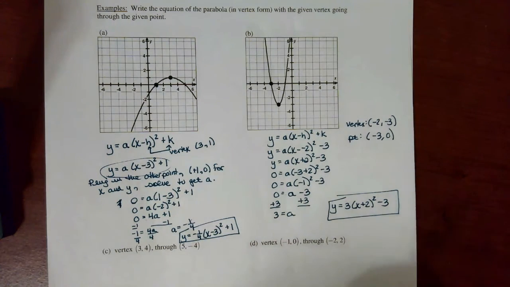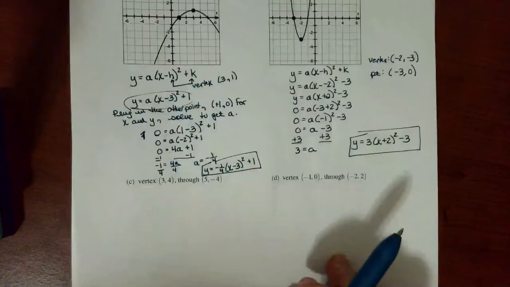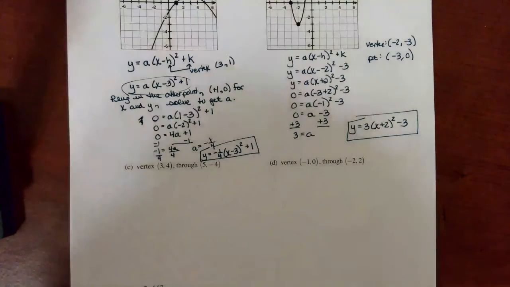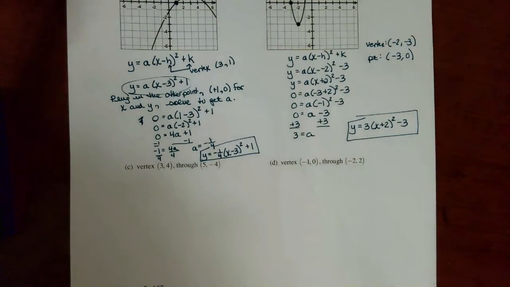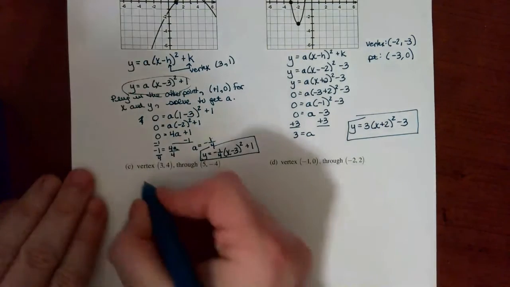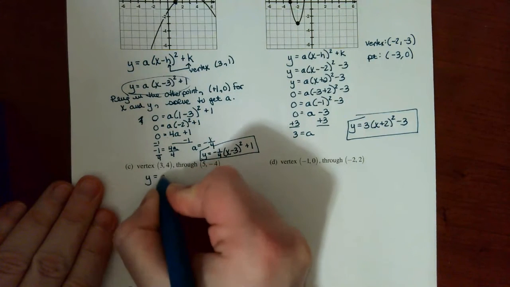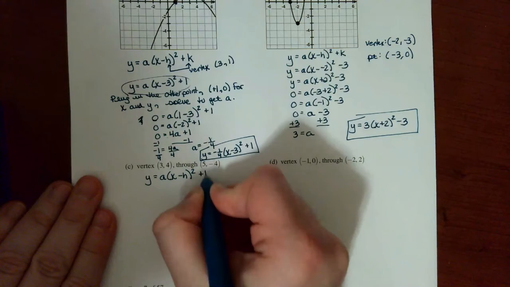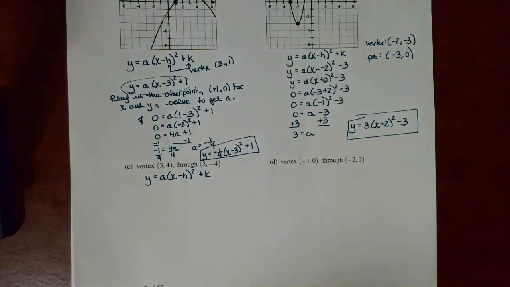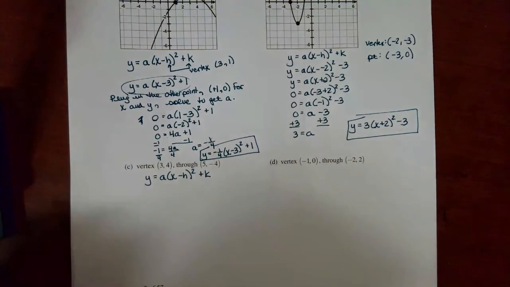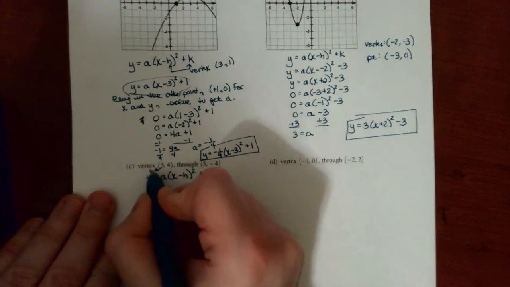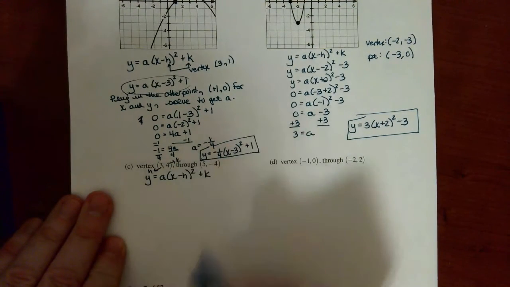Final thing in the notes. In C and D, I did not give you graphs, I just gave you information. Well, it's going to work the exact same way. Letter C, my parabola is y equals a times x minus h squared plus k. My h and k are just the coordinates of the vertex. Here's my vertex, 3 comma 4. H is 3, k is 4.